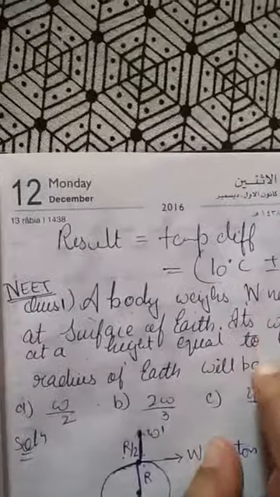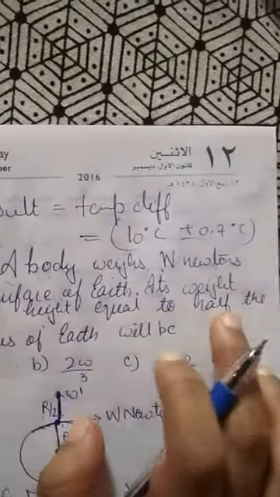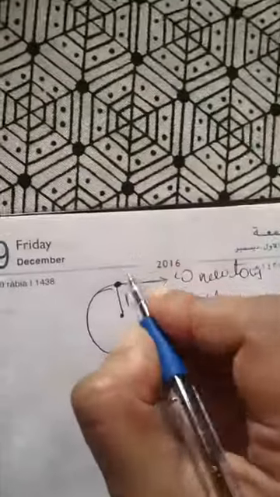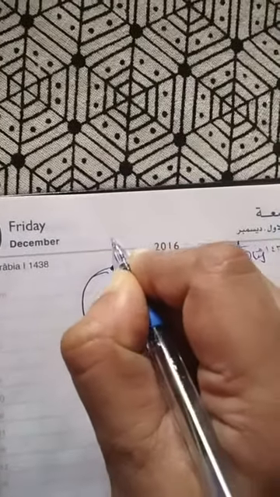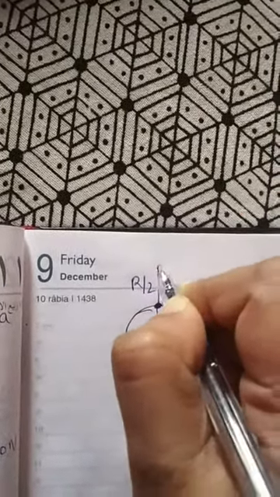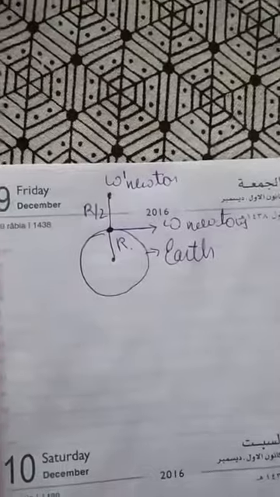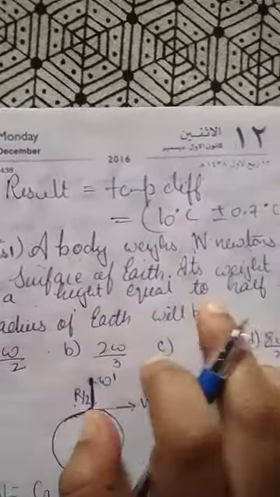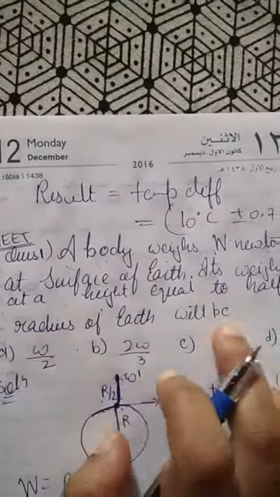The question says its weight at a height equal to half the radius of the Earth, meaning from here to here, it will be half R, and let's say the weight is W dash Newton. They want W dash.